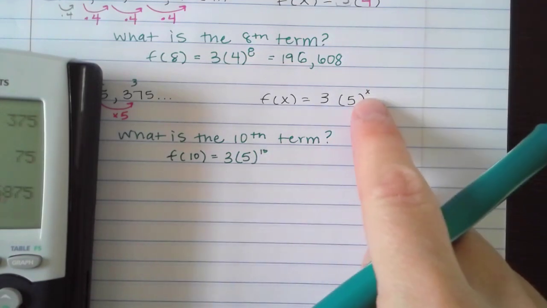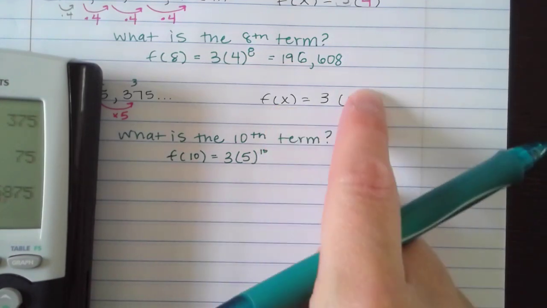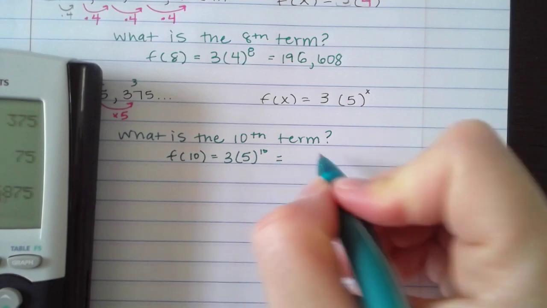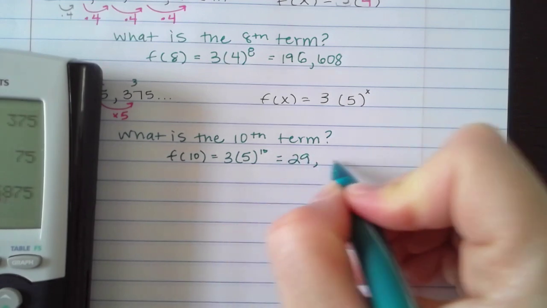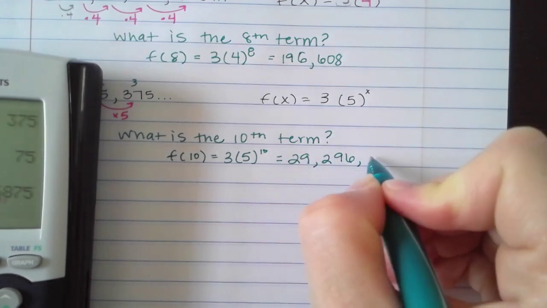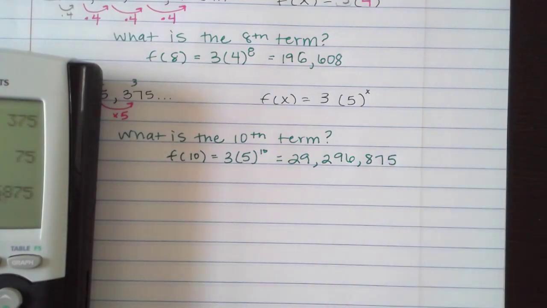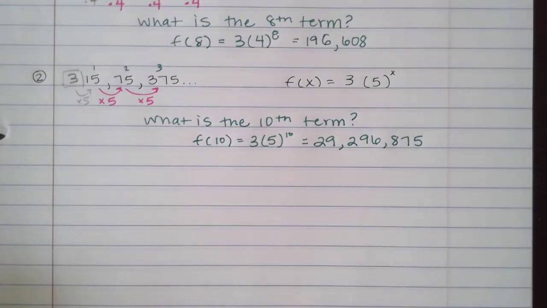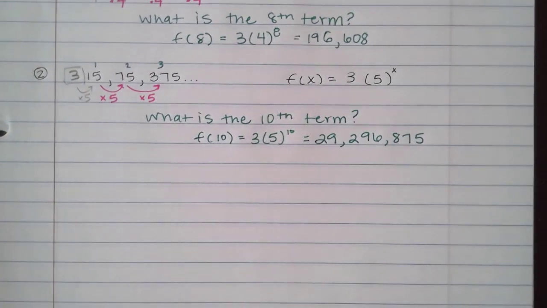Do you see how whatever we plug in there, we have to plug in there, right? 10, 10. So in this case, 29,296,875. That's a big number. Not as big as it could go. Could ask you for the 100th term, and your calculator would just geek out on you, because it would have to give it to you in scientific notation because it'd be so big.